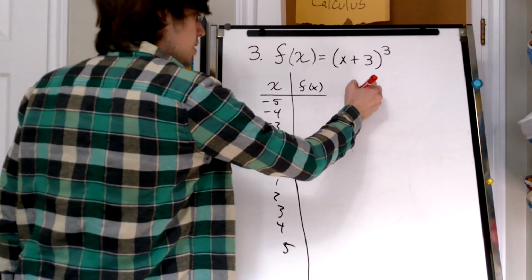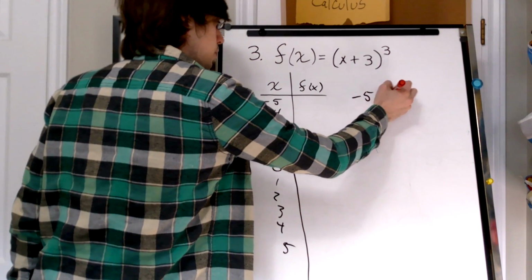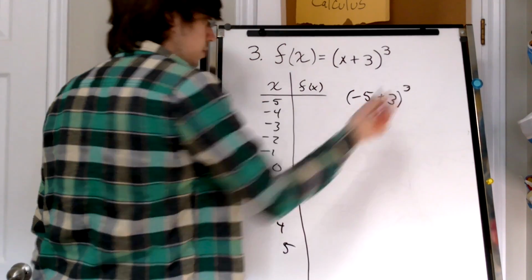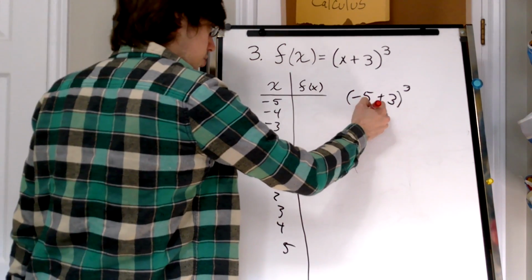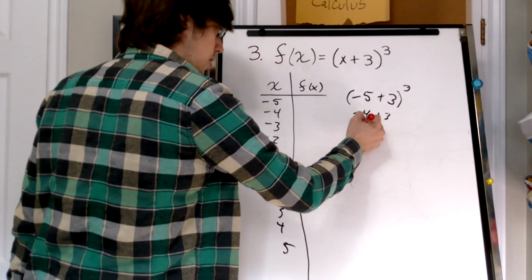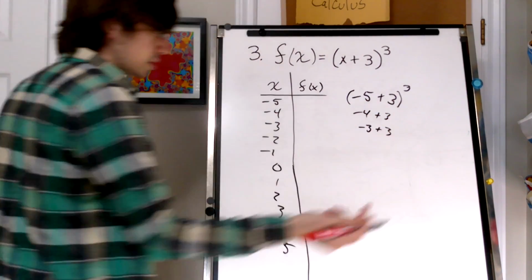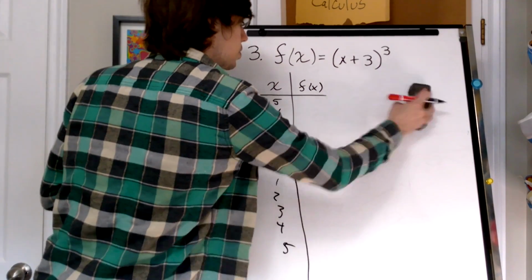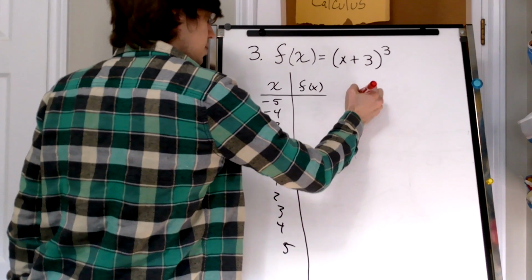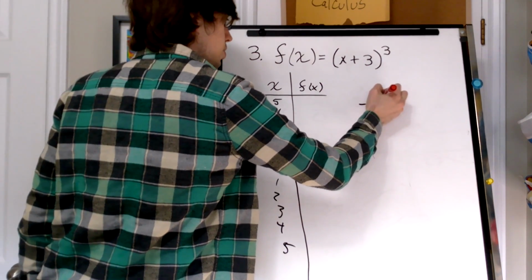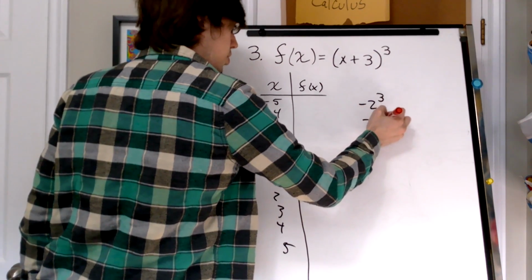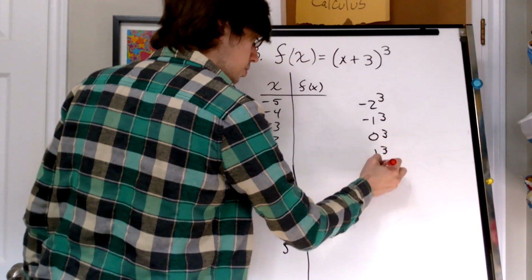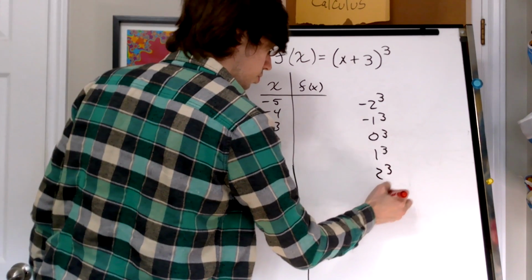So -5 plus 3, then cubed. Also -4 plus 3 and -3 plus 3. We can see we have a pattern here, which will be -2 cubed, -1 cubed, 0 cubed, 1 cubed, 2 cubed, 3 cubed.